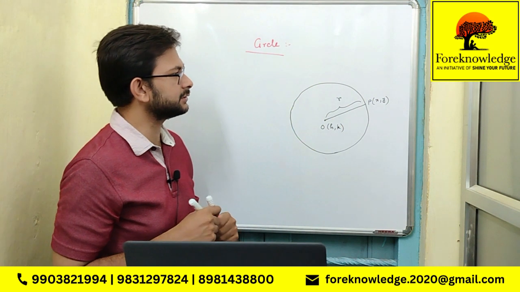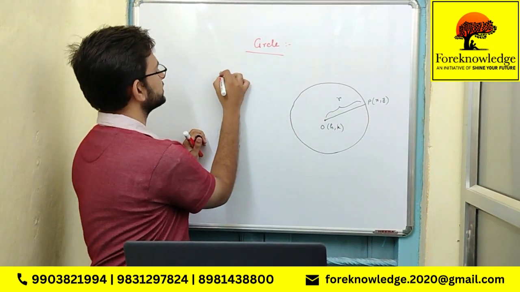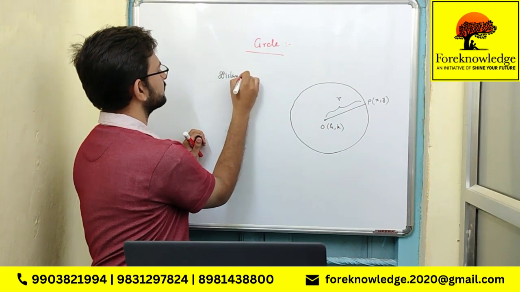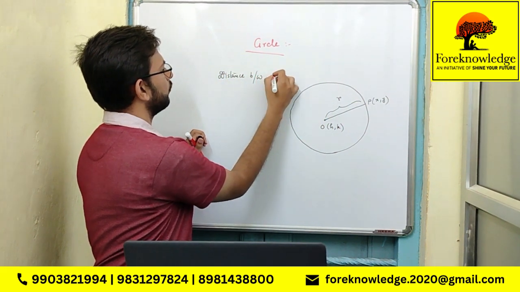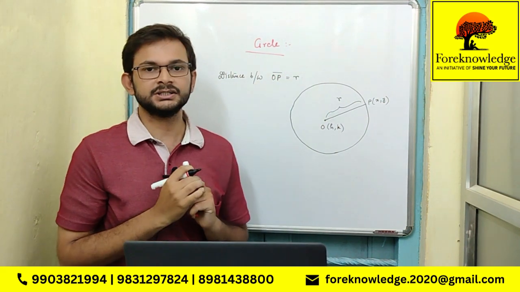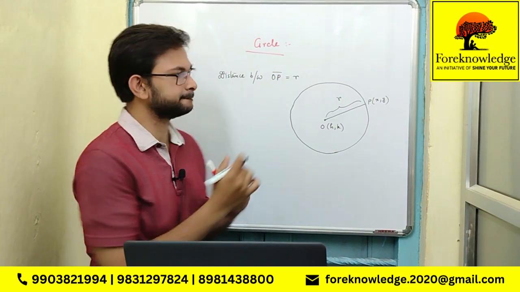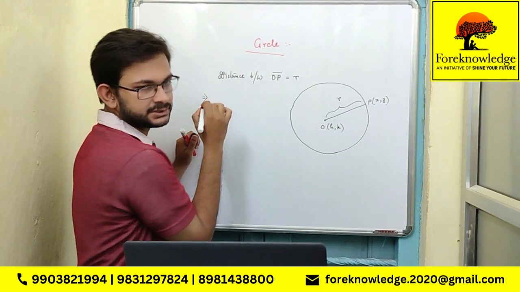Now what is the definition? For every instance, the distance OP is equal to R. This was the definition of the circle. Now what is the distance of OP? This is very simple.